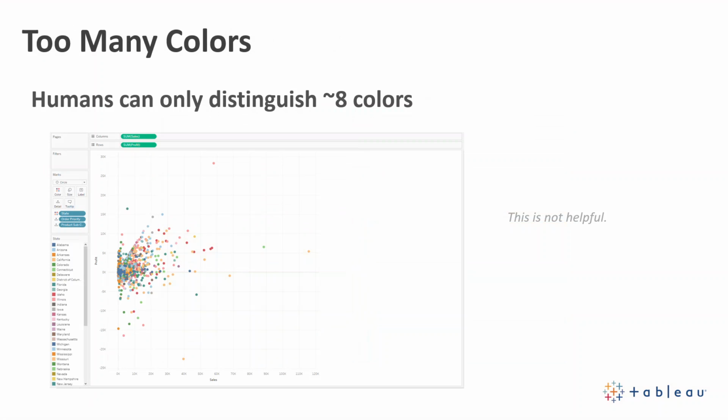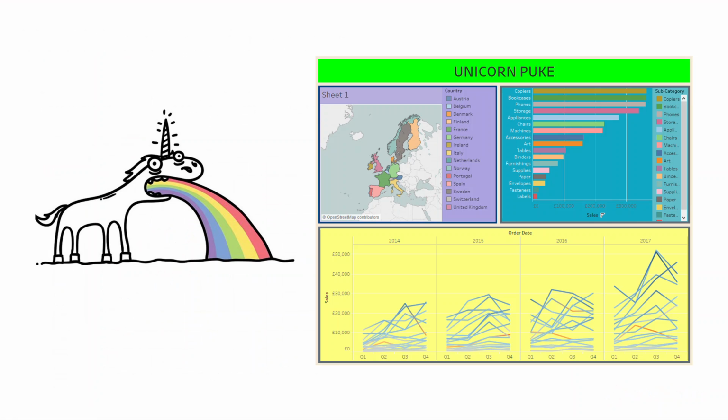Using too many colors in your view can confuse our visual systems. As you can see here in this scatter plot, having one color per state is really confusing and we can't distinguish anything, because our brain can distinguish about 8 colors or shades of a hue. So what we want to avoid here is what we have come to know as a unicorn puke.